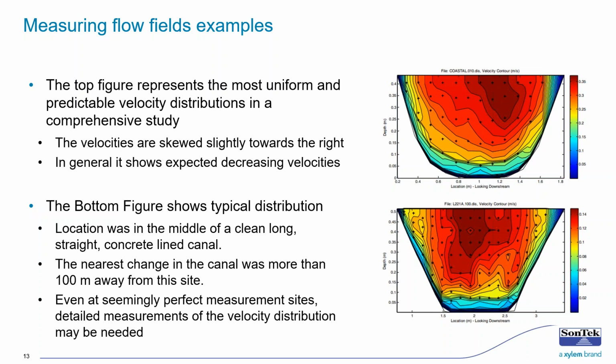And even at a seemingly perfect measurement site, most of these sites were about 100 meters away from any sort of change in the canals, it's still important for the instrument to get detailed measurements of the velocity distribution to make sure that it's not calculating some bias or just missing entirely what the actual flow conditions look like.